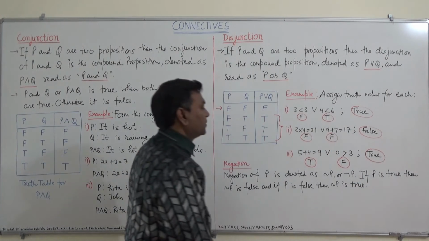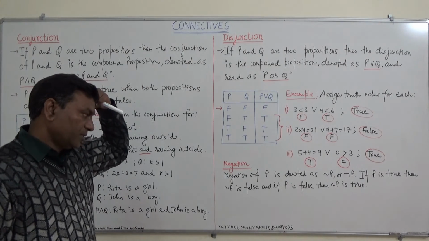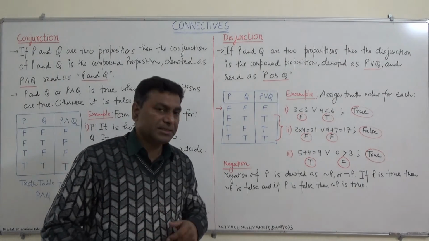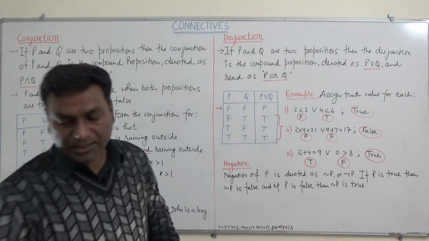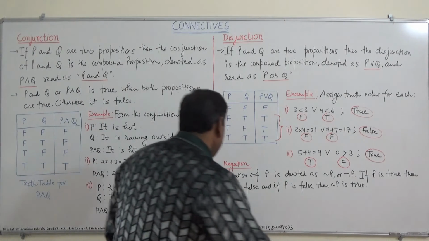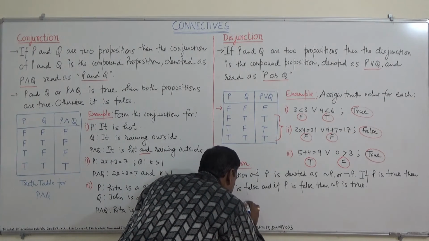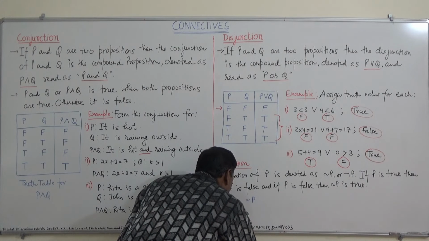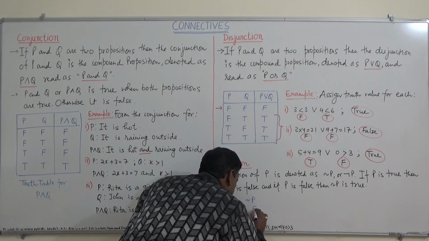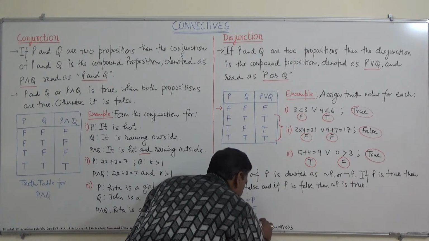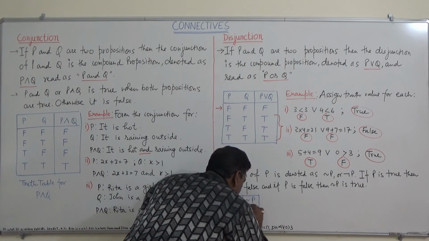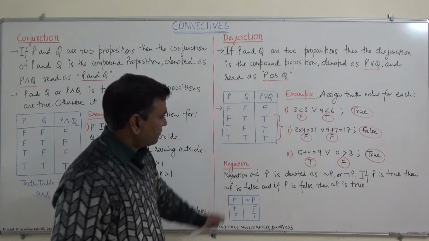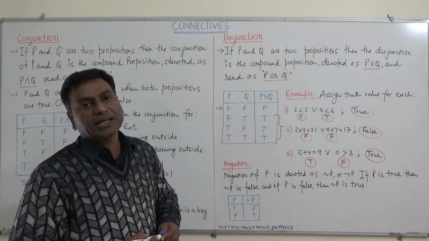We can also understand it with the help of a truth table. If this is P, then this is its negation. If this is true, then this is false. If this is false, then this is true. So this is the simple truth table for negation.